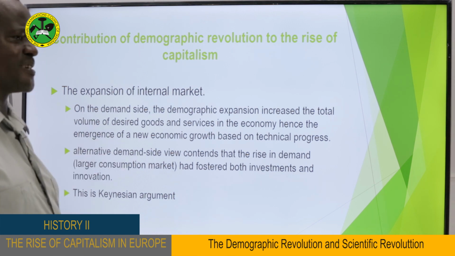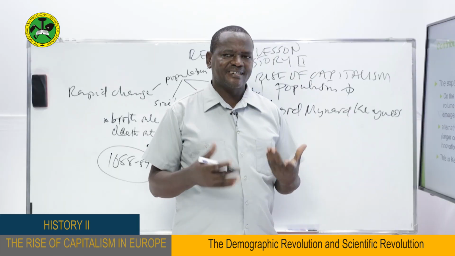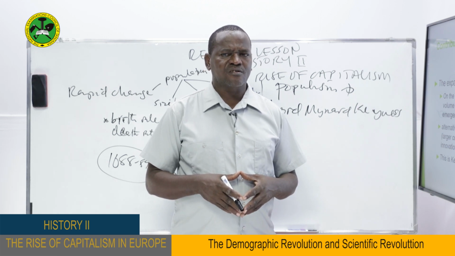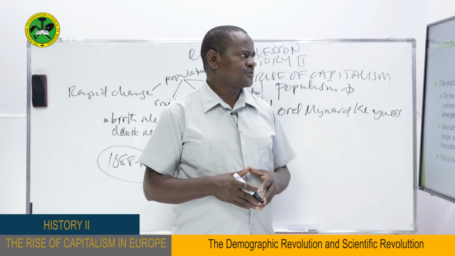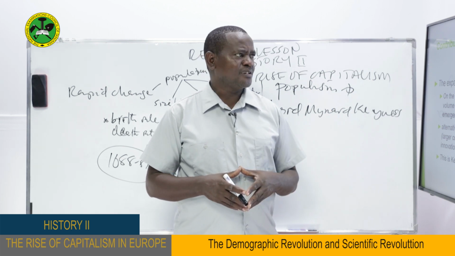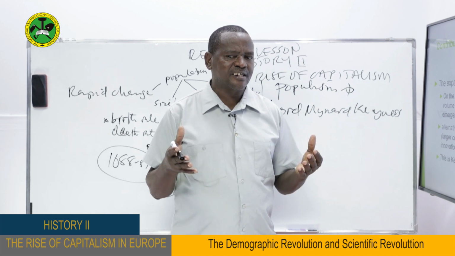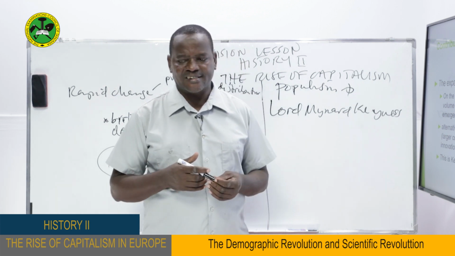But then, my dear students, as I said, the expansion of internal market is one of the contributions of demographic revolution to the rise of capitalism in Europe. It is one of the contributions because it enlarged the market.